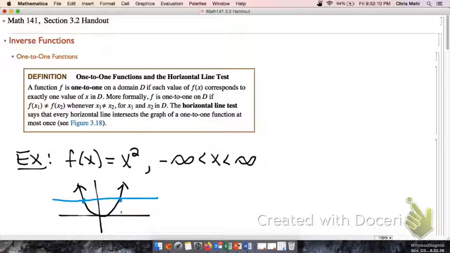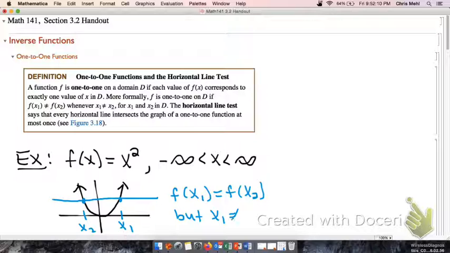So if I say that's x1 and this is x2, f of x1 is equal to f of x2, but x1 and x2 are different to each other. Specifically, that's violating this rule right here. Whenever the inputs are different, you're supposed to get different outputs.